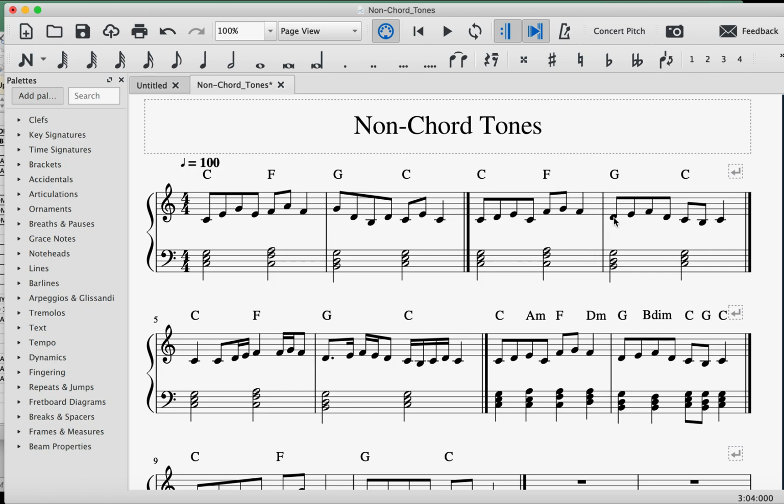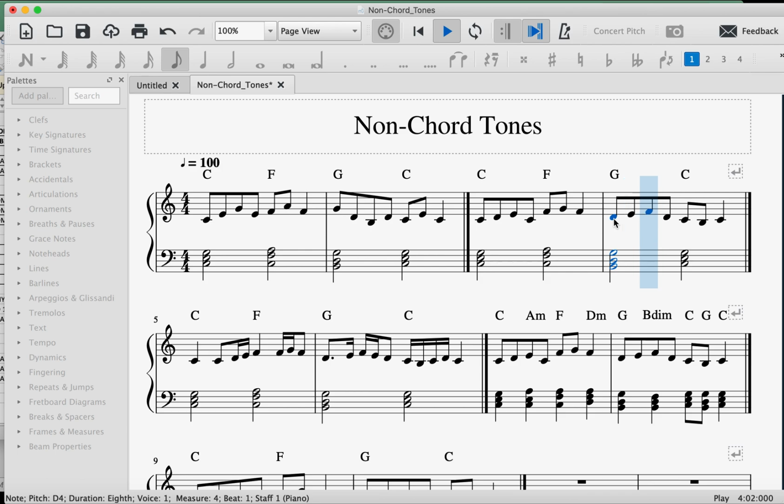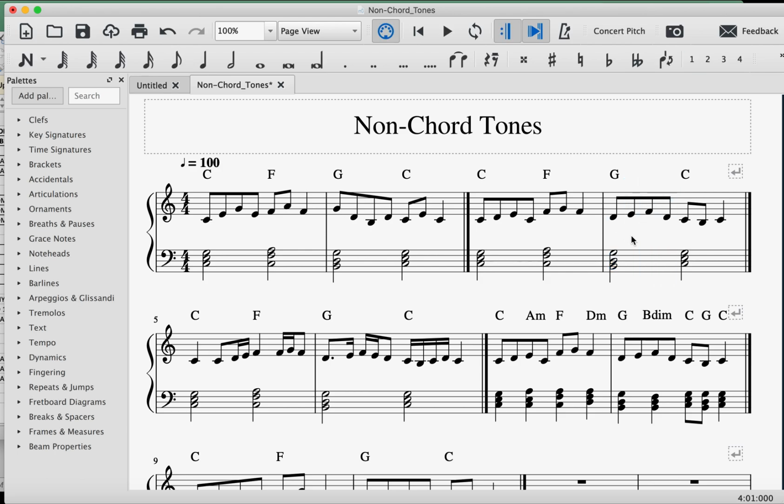Gets a little bit complicated here. Take a listen to this excerpt, just this part here where the G chord is being played. Okay, so let's just look at the pitches themselves. We've got D, E, F, and D. So D is part of the G major chord, but E and F are not.